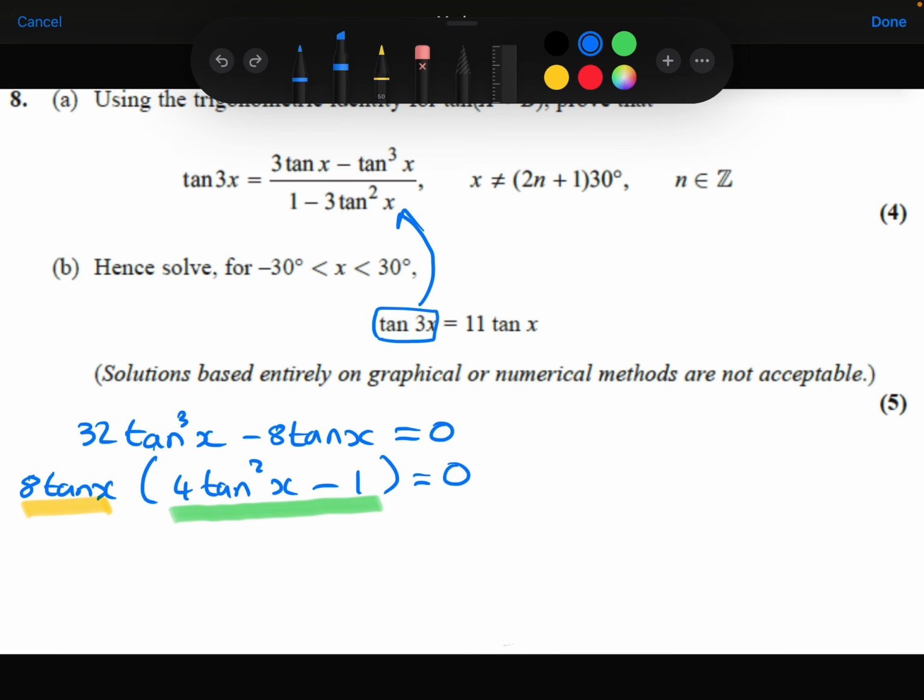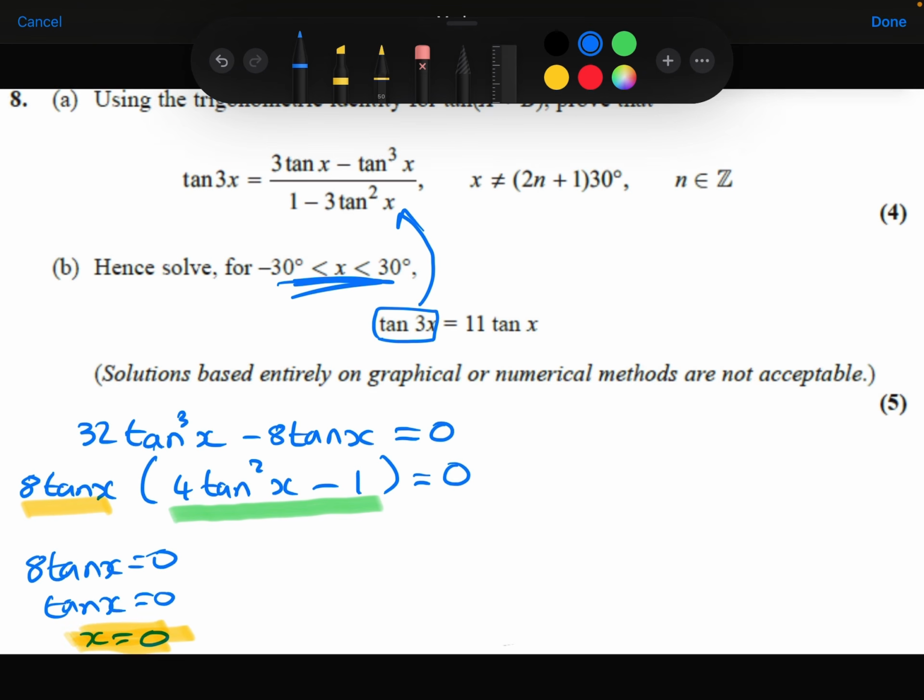So firstly, if 8 tan x equals 0, that means that tan x equals 0. So tan inverse of 0 is 0. And I don't need to draw a graph. I know that's going to be the only answer between minus 30 and 30 for this. So that is one answer so far.